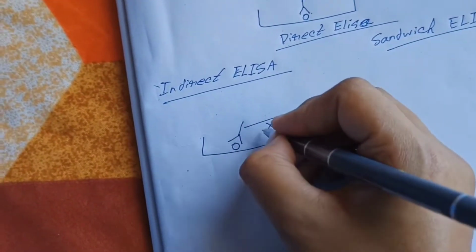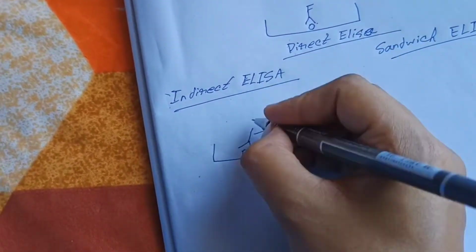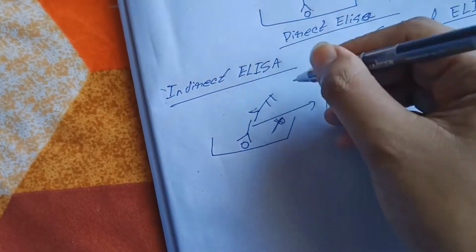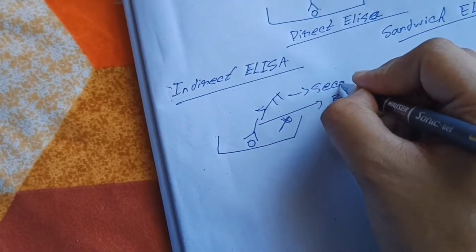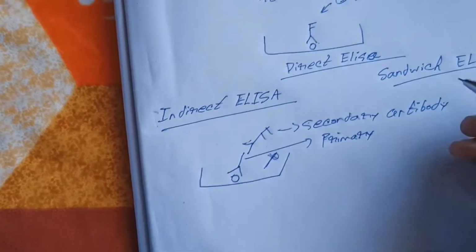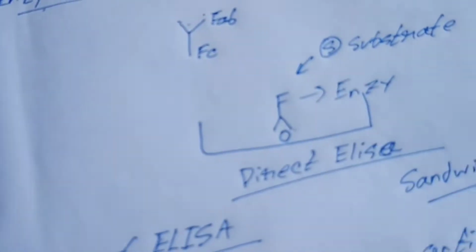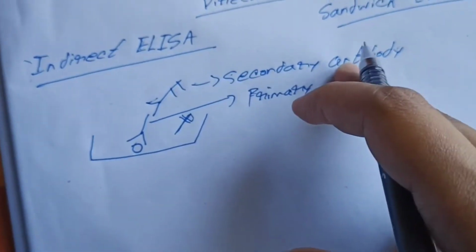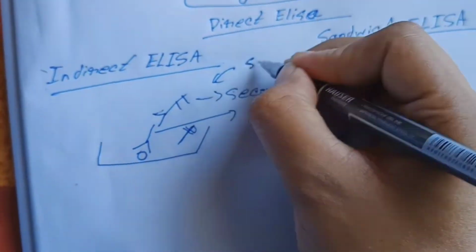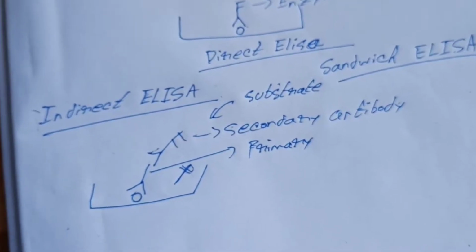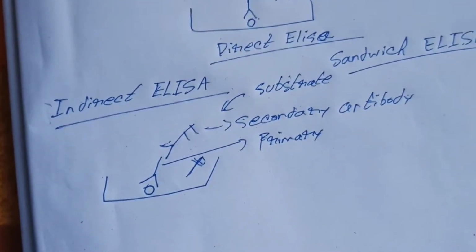After that we give the secondary antibody, which will contain the enzyme. This is the secondary antibody, and this is the enzyme. After that the same procedure: we add the substrate, and the color will form. So this is basically the indirect ELISA.